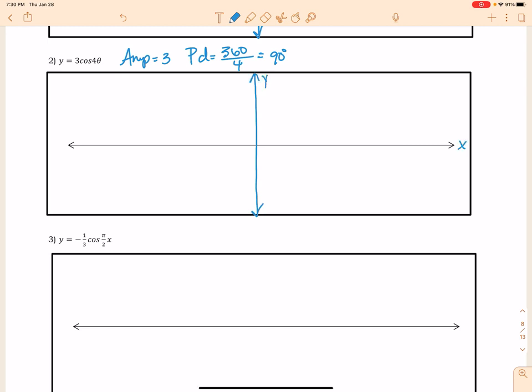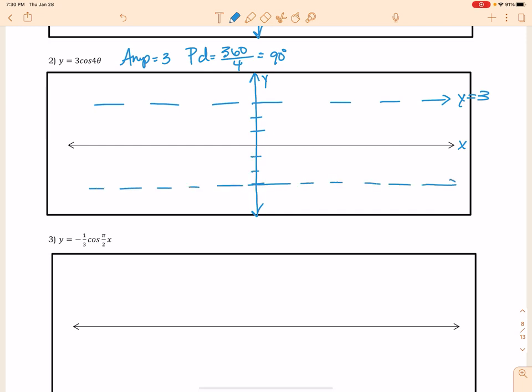So I've got my x and y axis labeled. My amplitude is 3, so 1, 2, 3. Again, just to help me guide my graph, y equals negative 3.